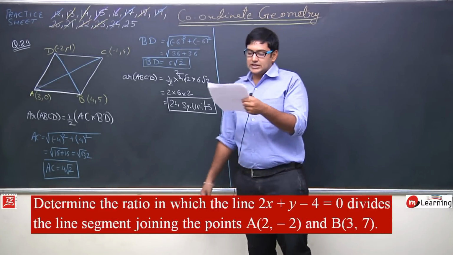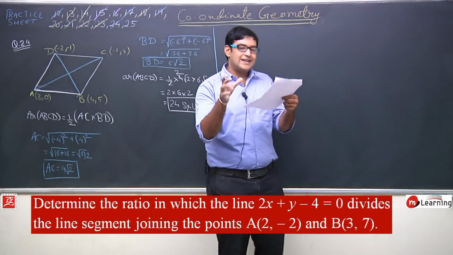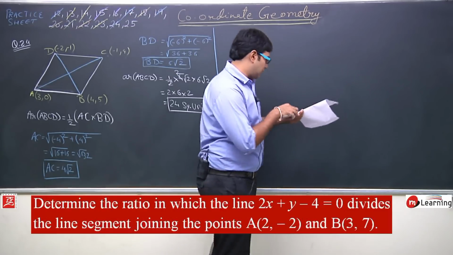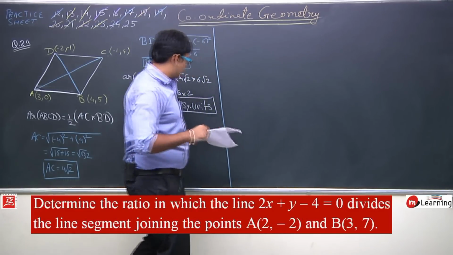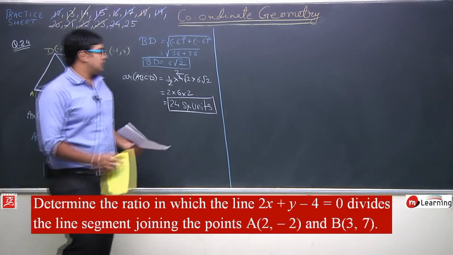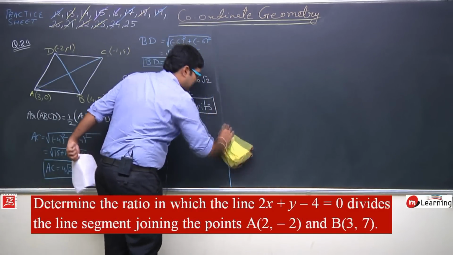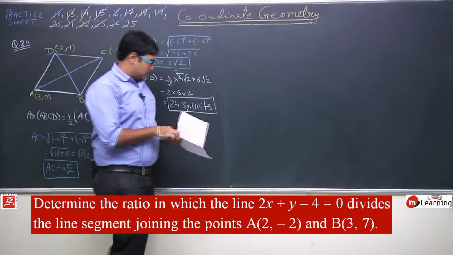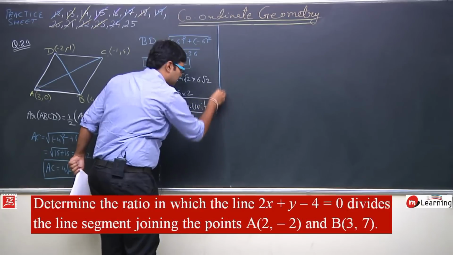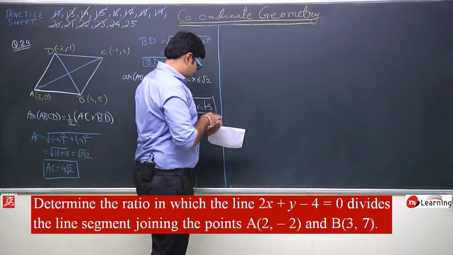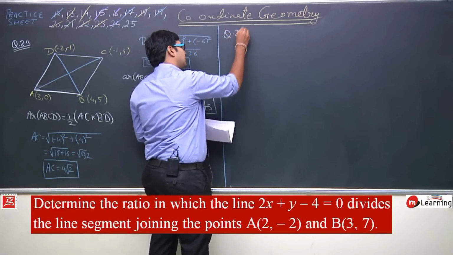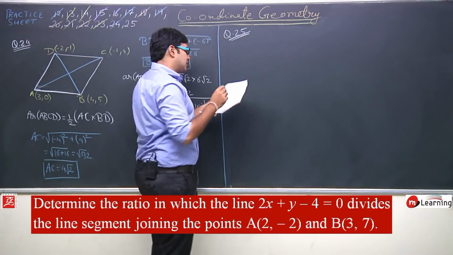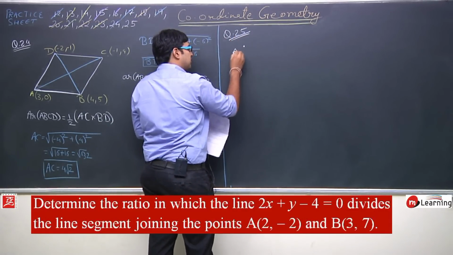So in this question it is given that there is a line segment formed by joining the 2 points A and B. This line is a bit tilted, let us make it vertical first. Now question number 25. It is given that A and B are 2 points. So first let us plot these 2 points.